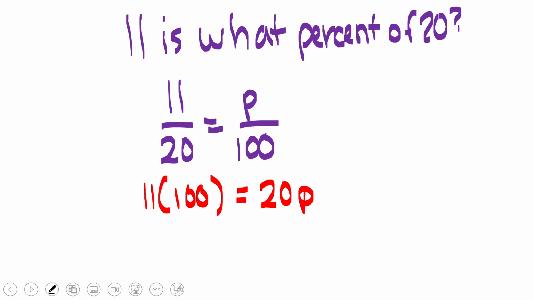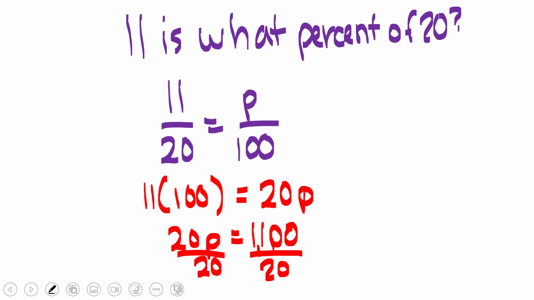And we're going to have 20p equals 1100 here. Divide by 20. Divide top and bottom by 10. And we're going to have 2 fits into 1, no, 2 fits into 11 5 times, using up 10 of the 11 with 1 left over. 2 fits into 10 5 times.